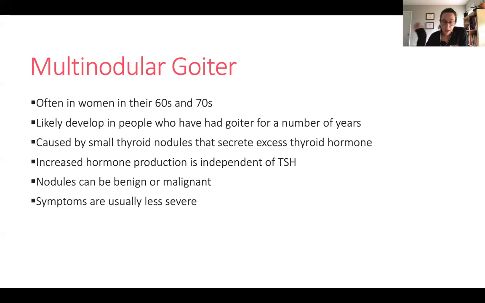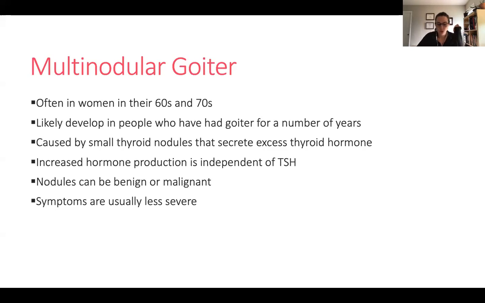The hyperthyroidism likely develops when people have had a goiter, the enlarged neck, for a number of years, and it's caused by small thyroid nodules that secrete excess thyroid hormone without TSH stimulation. So they're kind of just going rogue.